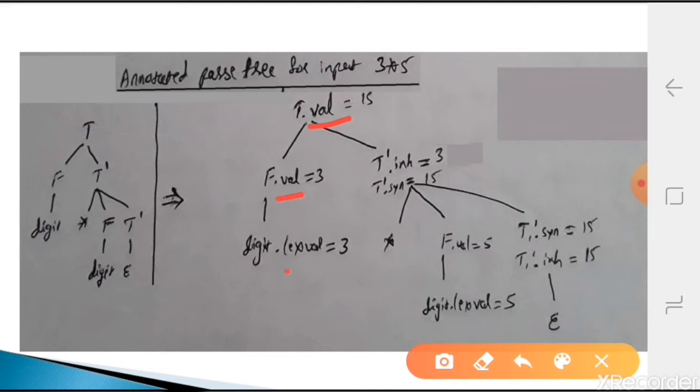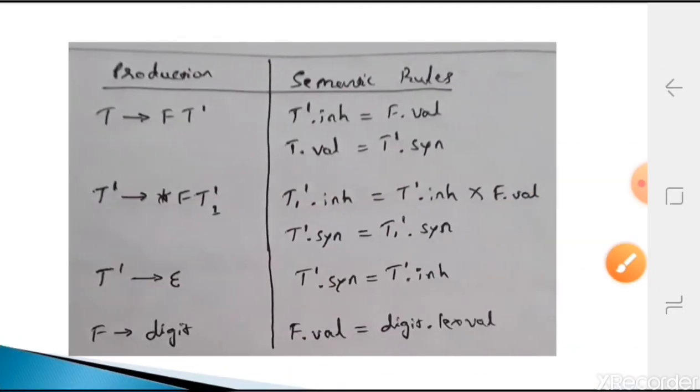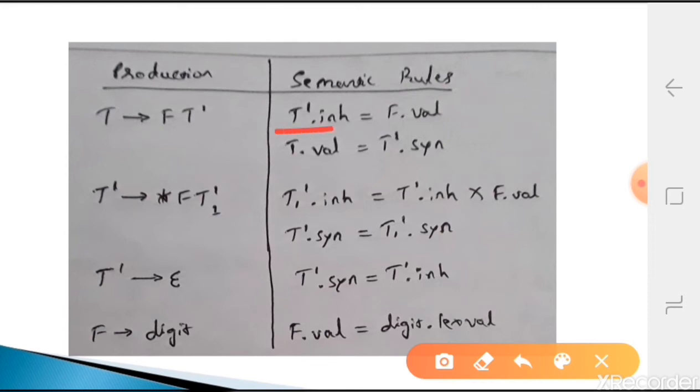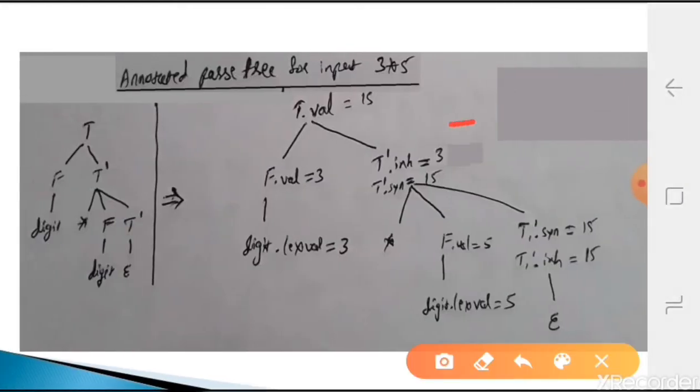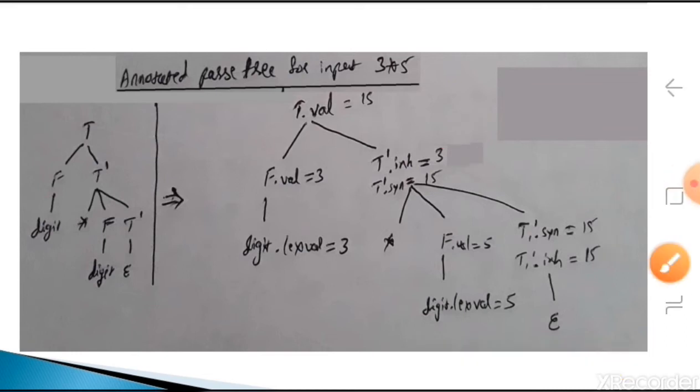Digit will have the value from the lexical analyzer, so digit.lexval. For T' we have two attributes, so we list both attributes here also. Each attribute has a different value: here 3, maybe here 5, and 15. Both are getting the same value here. How to evaluate this, we will study.